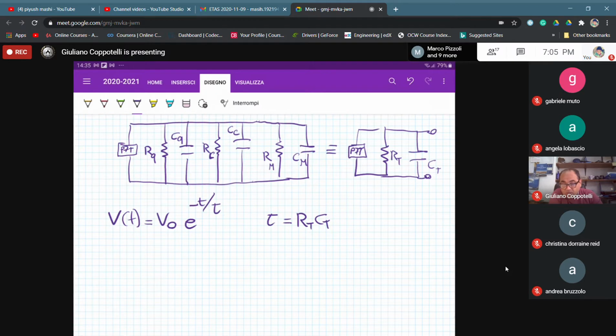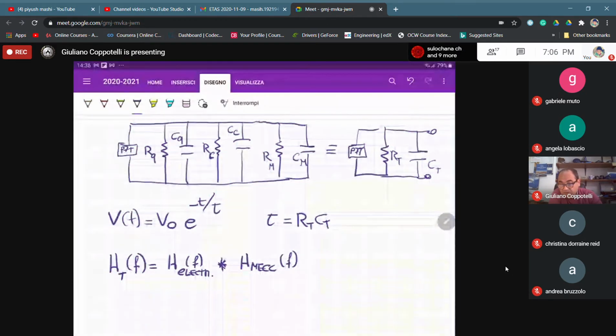The overall frequency transfer that was asked by you. Okay, the overall frequency representation is a convolution of what we call the electrical part as a function of the frequency, times in the frequency domain the mechanical part. And that is also dependent on the frequency.